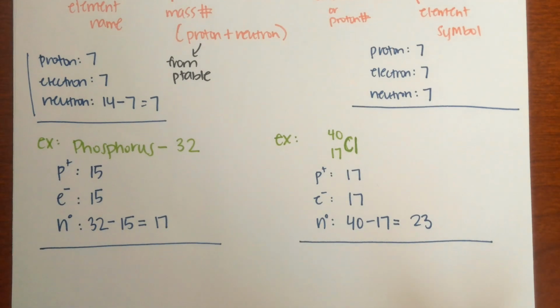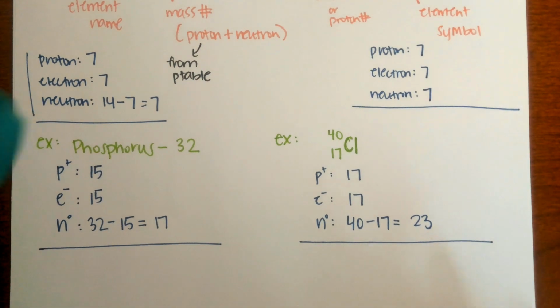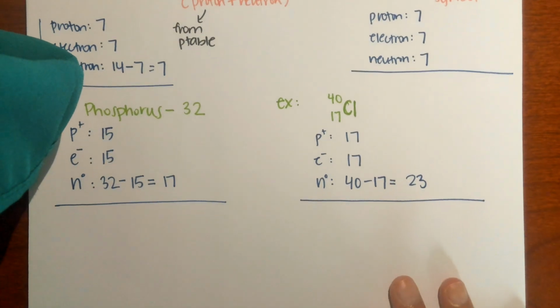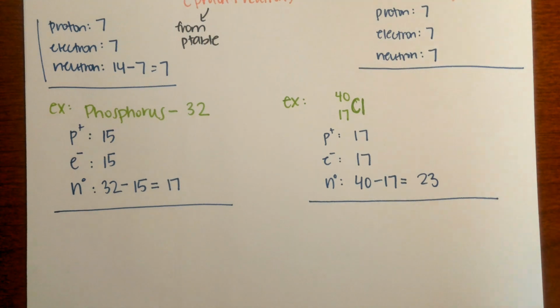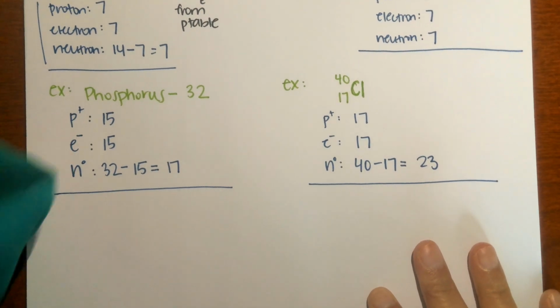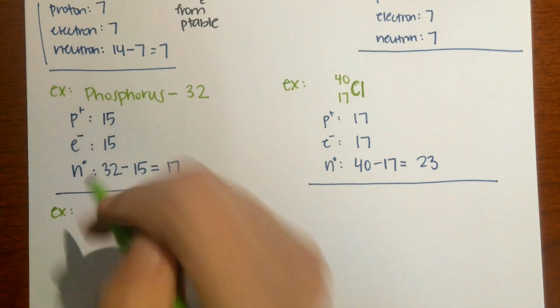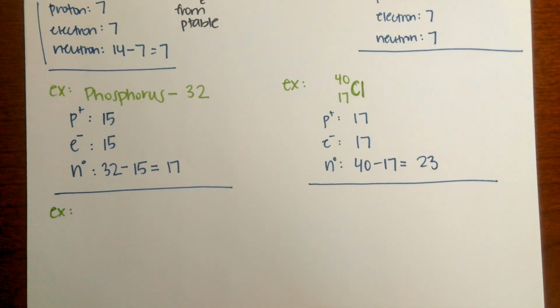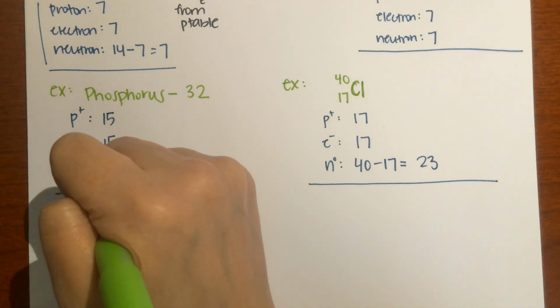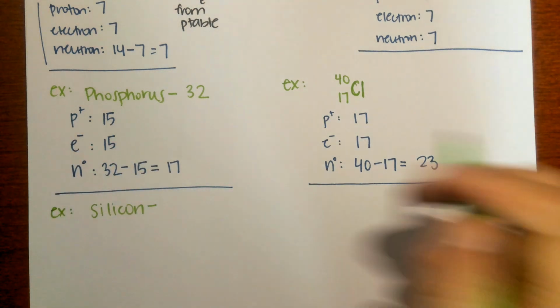Okie dokie. So I'm going to give you one more example of each type, and then you will pause the video. And once you're done with the examples, you can play and then check that you get the right answers. So for the hyphen notation, I'm going to give you silicon-30.